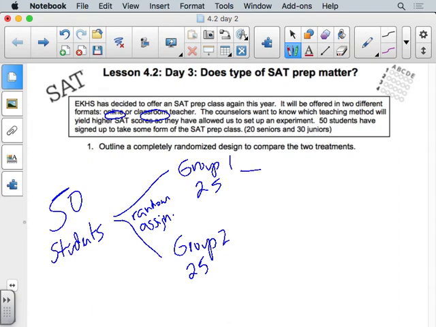Okay, so I'm going to split them into two groups. Let's say these people do the online SAT. These people do the classroom SAT prep.